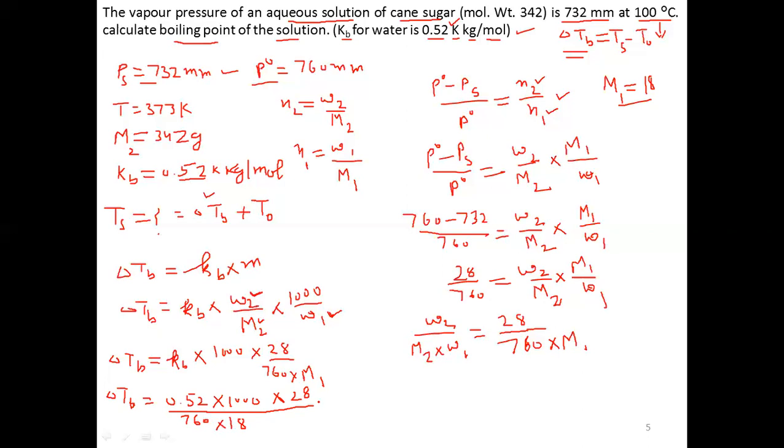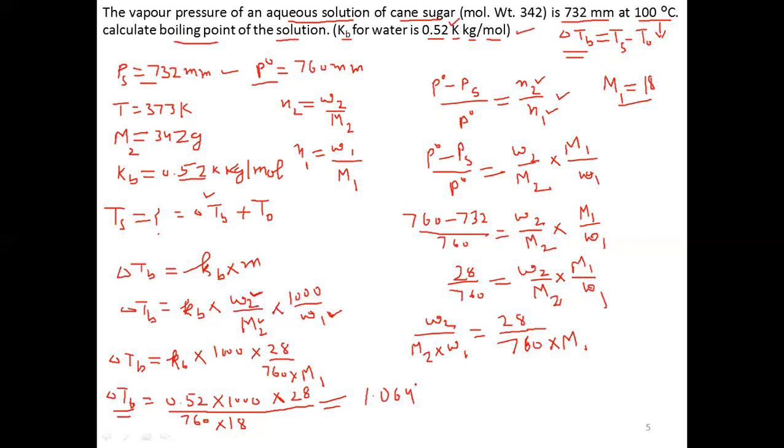So it is 0.52 into 1000 into 28 divided by 760 divided by 18. Its value is 1.064. So this is delta TB.